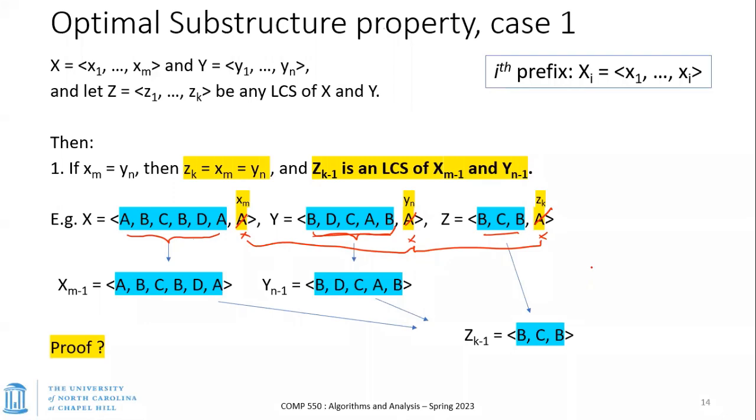So what we're saying is that zk minus 1 is optimal, so it is the longest common subsequence. So what would be the first thing to prove that, to take an alternate hypothesis? Would be to say what?